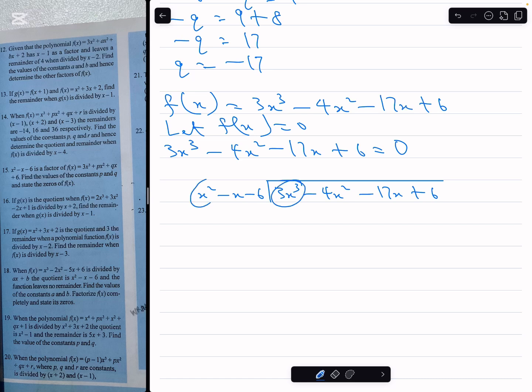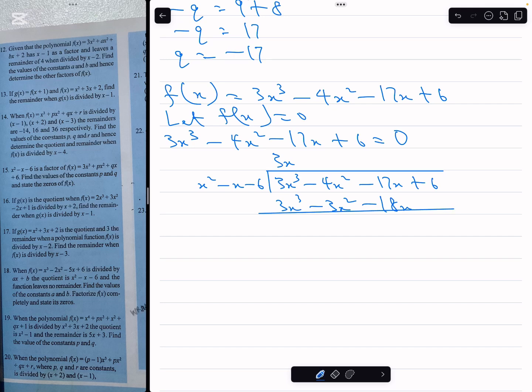So 3x cubed divided by x squared is 3x. When you multiply, you have 3x cubed, minus x times 3x, that's minus 3x squared, minus 6 times 3x, that's minus 18x.